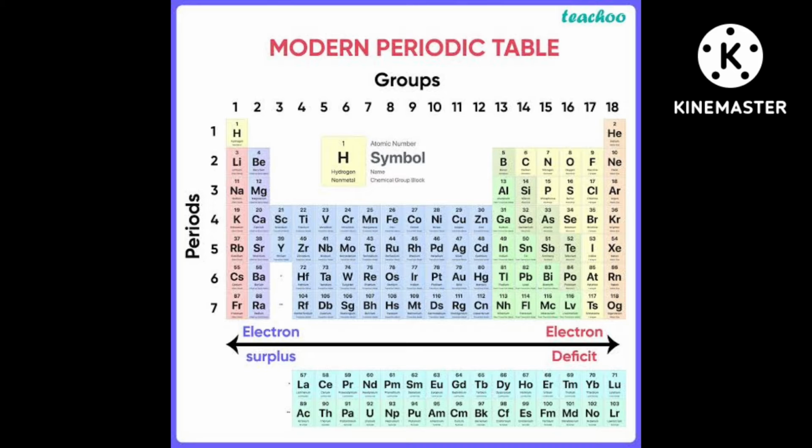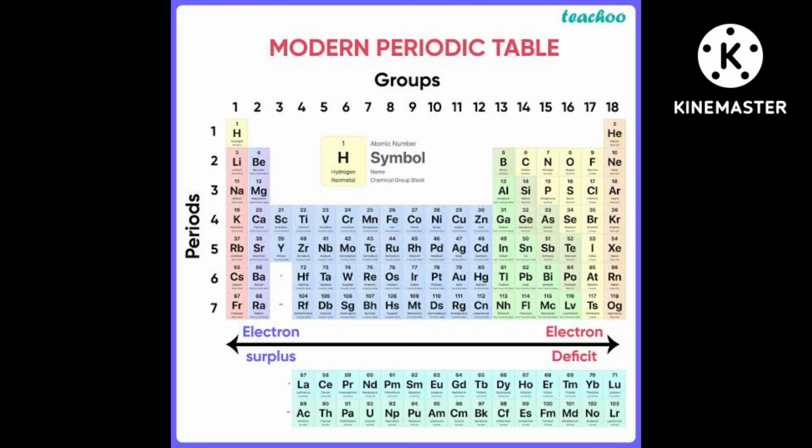And then what is the modern periodic law? The physical and chemical properties of the elements are a periodic function of their atomic numbers.